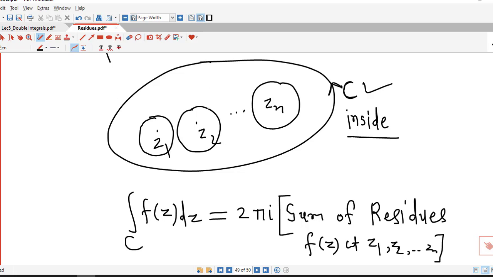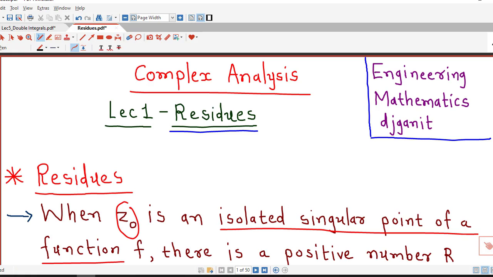So if f of z is analytic at all points except a finite number of points z1, z2 up to zn inside C, then the integral of f of z along C has value 2 pi i times the sum of residues of f of z at z1, z2, zn. Here, if this assumption is satisfied, we only have to find the residues of f of z at those points which are inside the simple closed contour C. So this is Cauchy's residue theorem.